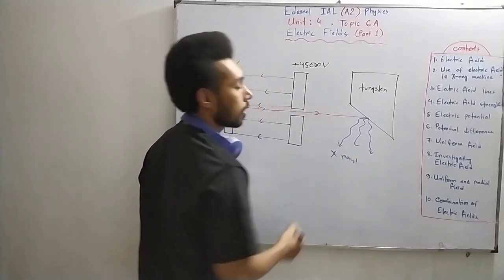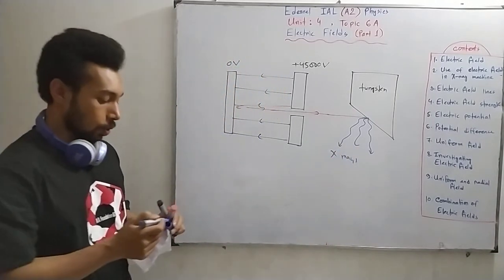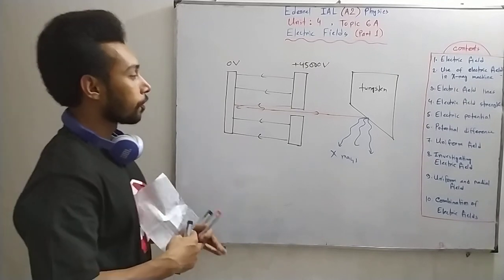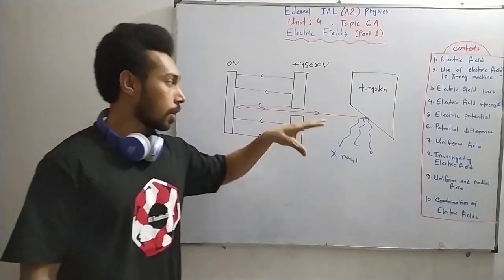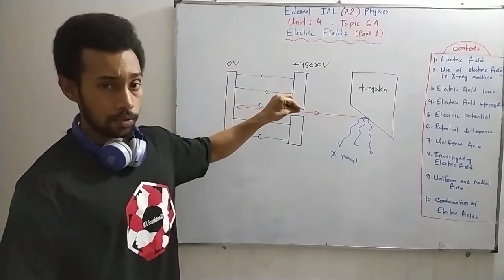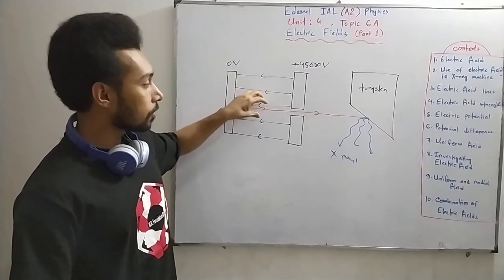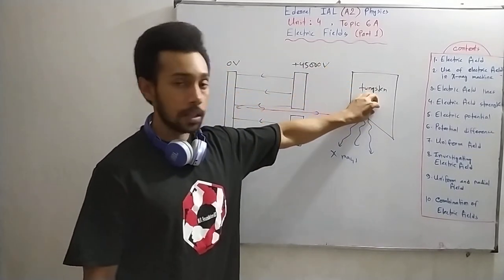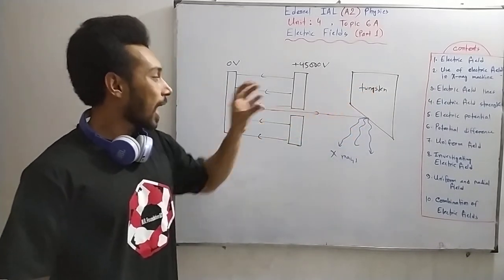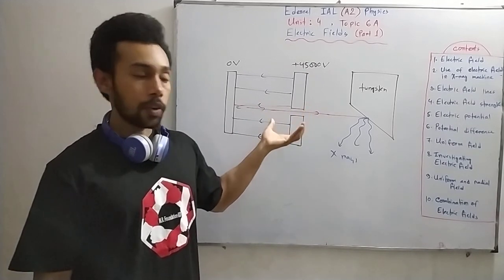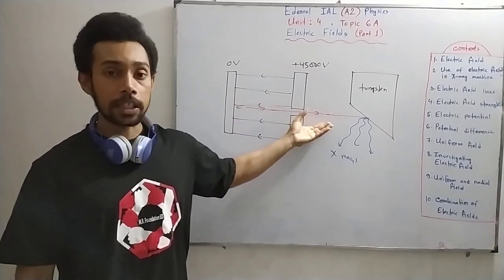X-rays are emitted. So look, first, how X-rays are generated. When fast moving electrons are bombarded onto a metal target, the metal atoms absorb the energy from the electrons, that is, the kinetic energy of the electrons.